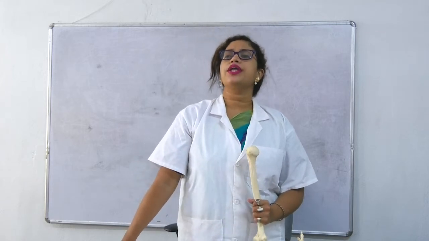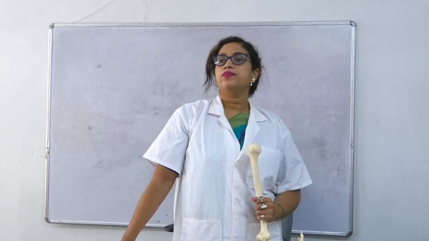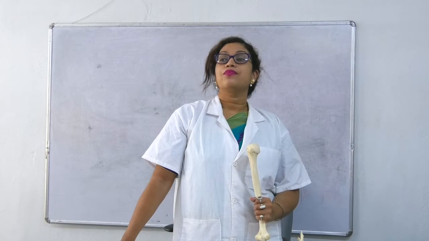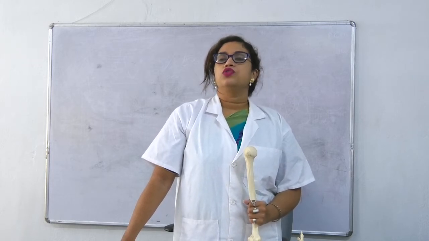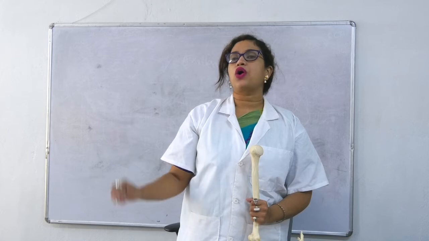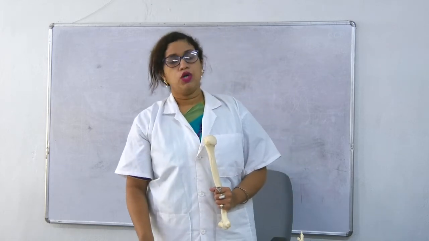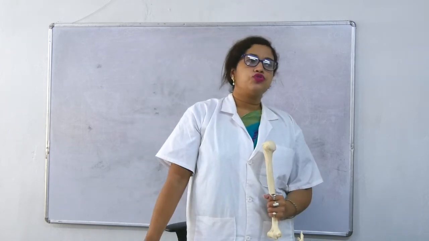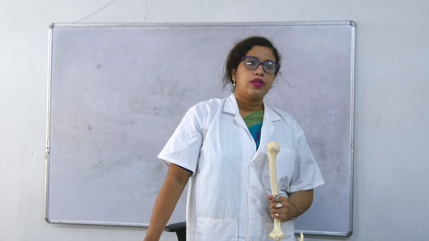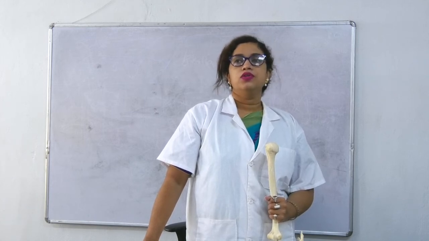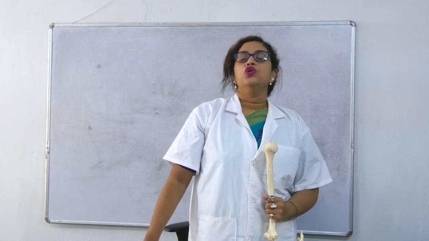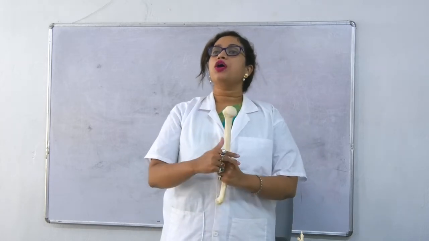Foot drop is occurring for which nerve? Deep peroneal nerve. But here wrist drop is occurring because of the radial nerve. So could you say which one is a wrist drop? There will be flexion of the hand.